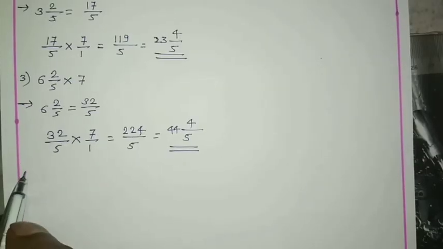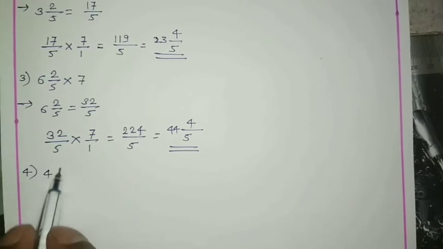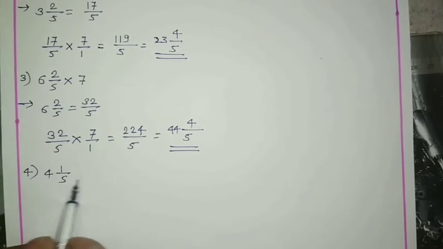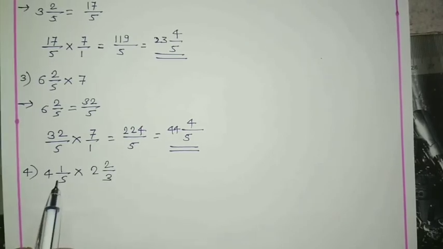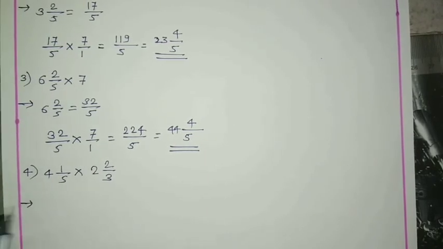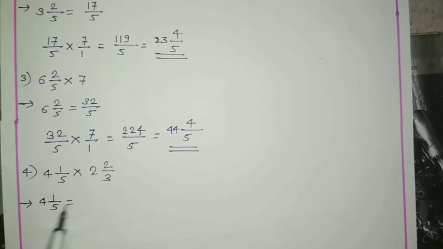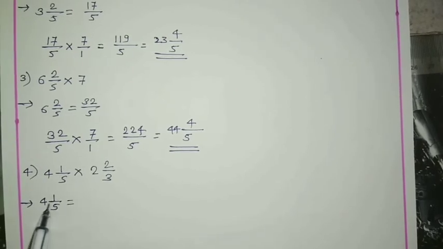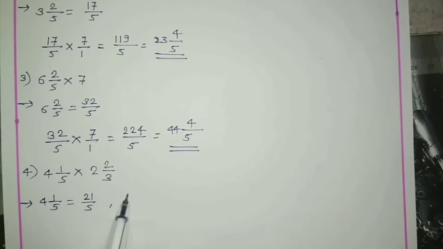So the last question, the fourth question, 4 1 by 5 into 2 2 by 3. So we have to first find the product and express as a mixed fraction. So first I convert this mixed fraction into a fraction. So 4 1 by 5 means 4 into 5, 20, 20 plus 1, 21 divided by 5.